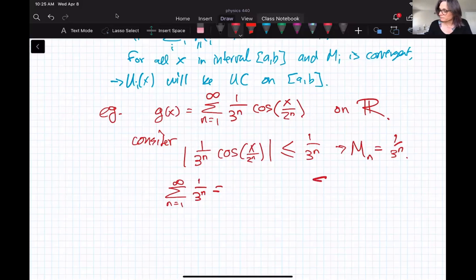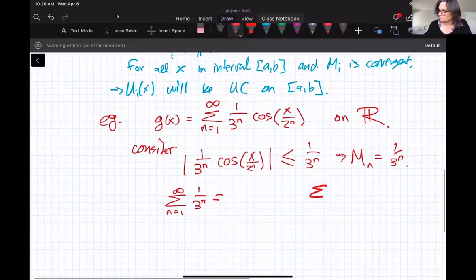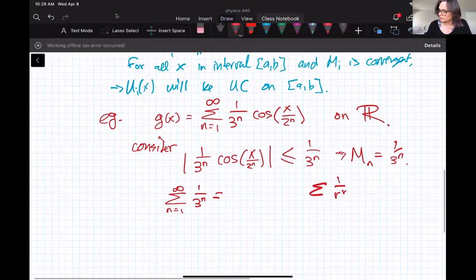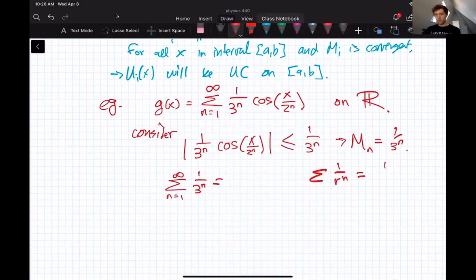If we had 1 over r to the n, it's 1 minus r to the n over 1 minus r, and if we let n go to infinity, this becomes 1 over r. So this converges to a half, because 3 is our r, and you find that convergence.